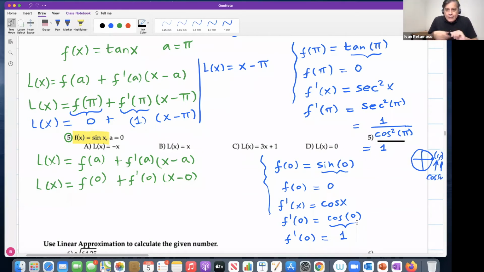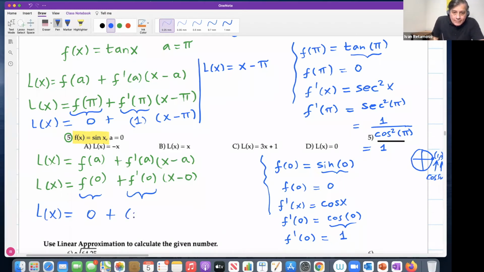Okay, done with this. So let's put our stuff in here and get the linearization for the sine function. f of 0 turned out to be 0, plus the derivative of the function sine at 0, cosine of 0, turned out to be 1, times x minus 0.